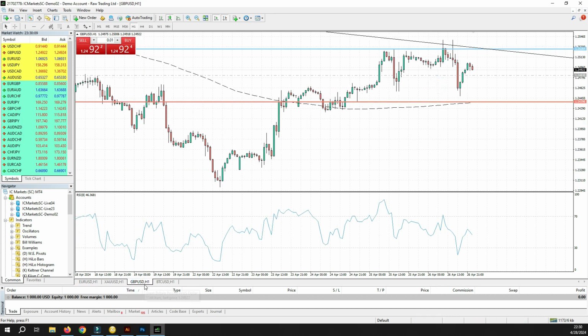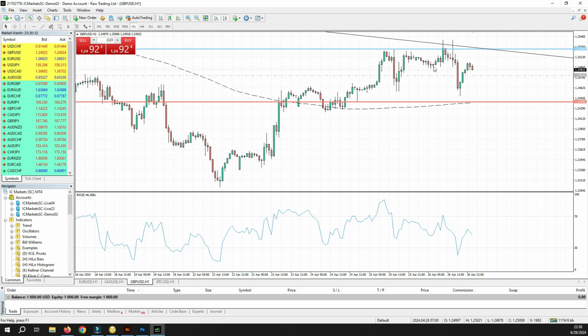What we have here is the Great Britain pound, US dollar. Again, this was Friday, this was the previous day high, this was the previous day low. The new day, Friday, starts here, 24 candlesticks from the last one. So what happened here?